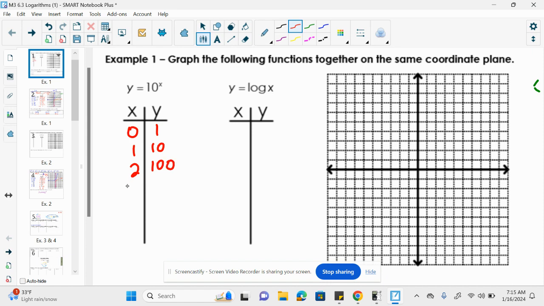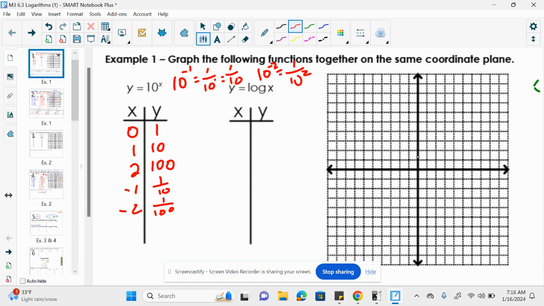If we start putting in negatives, if we put in -1, 10 to the negative first power is 1 over 10 to the first, which is 1 over 10. 10 to the negative second, that's 1 over 10 squared, right? It's changing a negative exponent to a positive. We flip it to the denominator. That's 1 over 100. And we see what's going on there. As we go in the negative direction, it's getting closer and closer to 0.